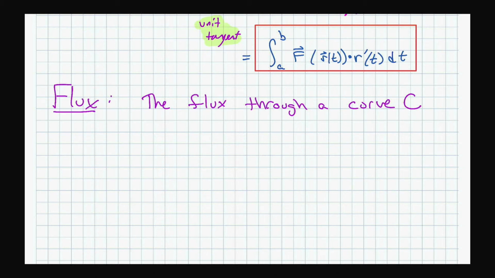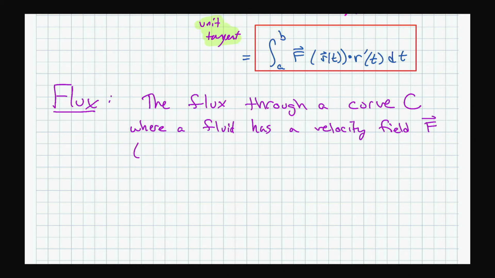Okay, so the flux through a curve C, where a fluid has velocity field F. What does that mean?